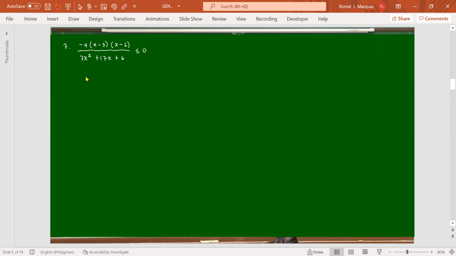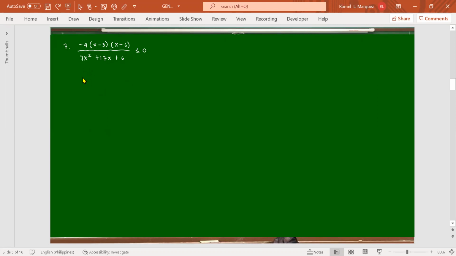Okay? So this is actually already in standard form. All we have to do is to express the denominator in factored form. So what is the factored form of the denominator, guys? 7x plus 3, x plus 2.